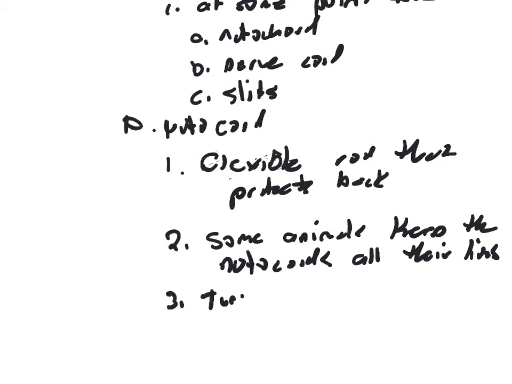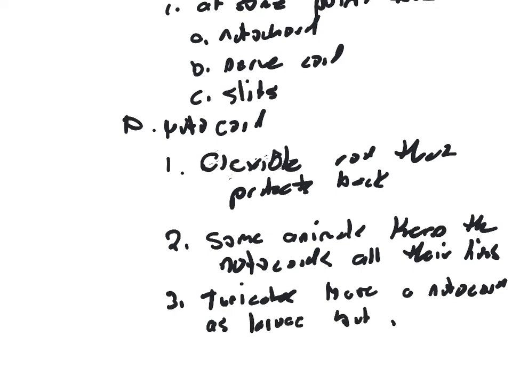Tunicates, let's see, have a notochord as larvae, but not as adults.